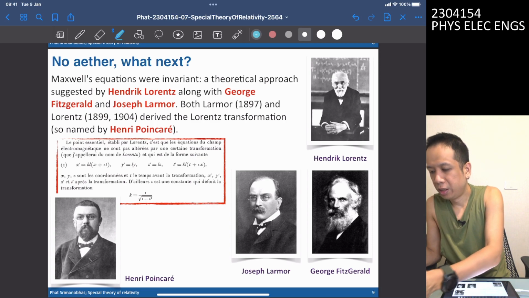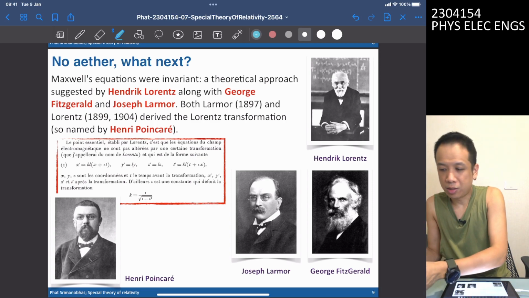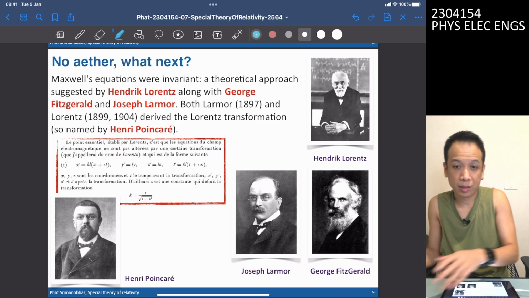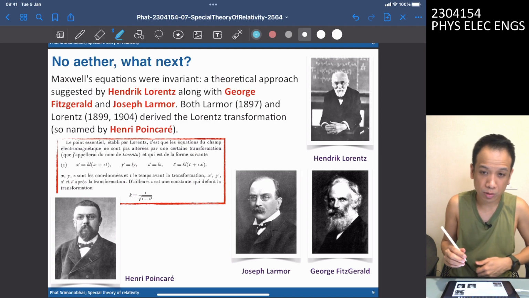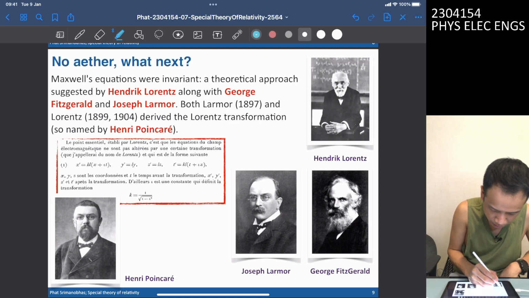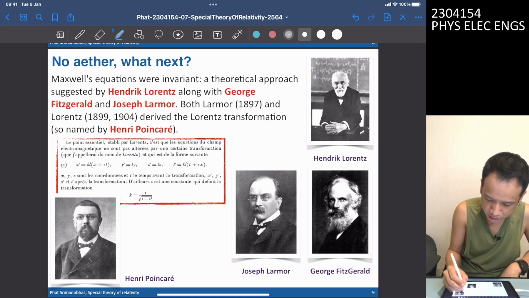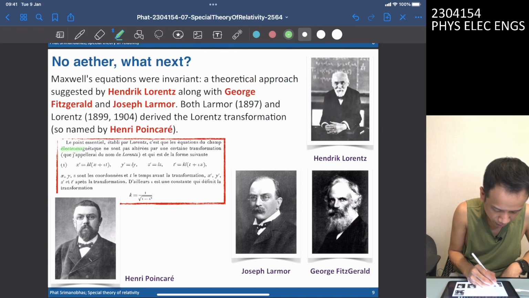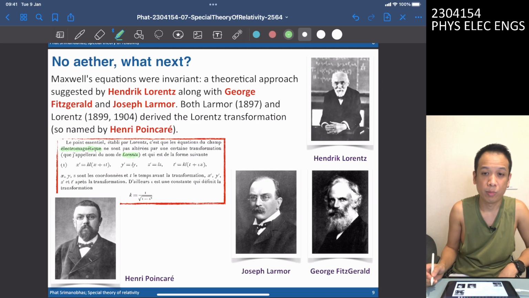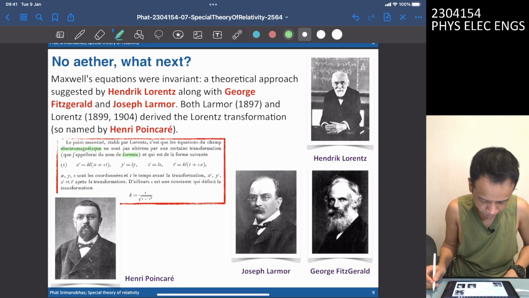So this is a big revolution of the theory of electromagnetics, but it is still in the scope of electromagnetics. If you look at Poincaré's paper, he didn't talk about anything else. It is in French. He talks about electromagnetics, which will not change with the transformation, and this is what he called Lorentz transformations.